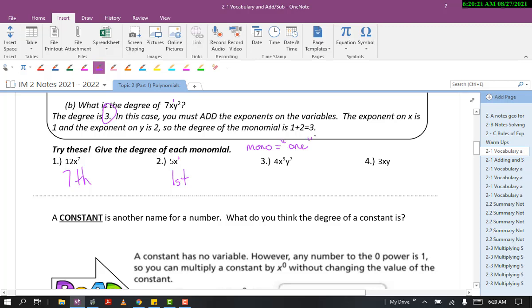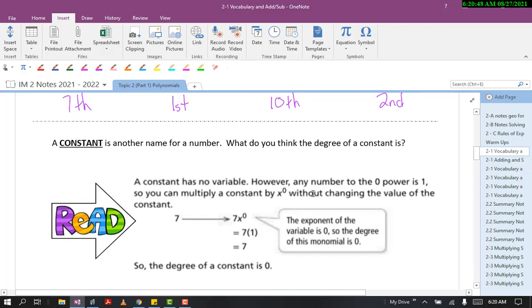Now 4x cubed y to the 7th, we have two variables, so we have to add up both the exponents. So 3 plus 7 is 10. This is a 10th degree monomial. And then number 4 here, 3xy, the exponent on x and y are both 1. So total we have two variables, so this is a 2nd degree monomial.